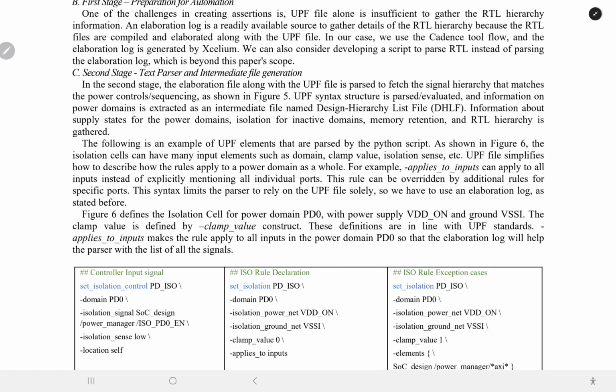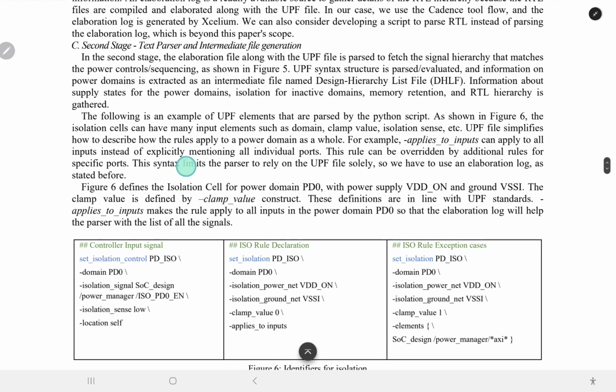For example, a rule that supplies to inputs can apply to all inputs instead of explicitly mentioning all individual ports. This rule can be overridden by additional rules for specific ports. This syntax limits the parser from relying on the UPF file solely, so we have to use an elaboration log as stated before.